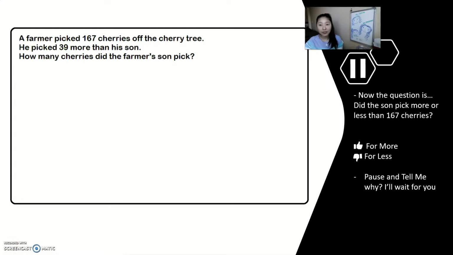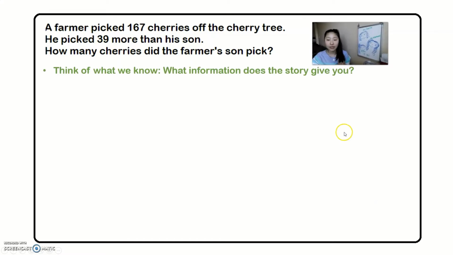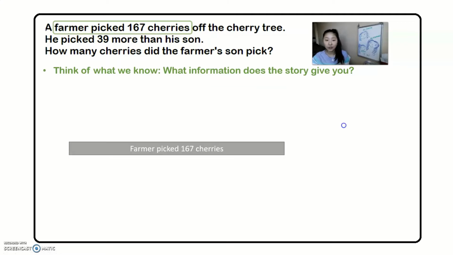Okay, I love your explanation, but now we need to go through a couple different things before I send you off to solve. Think of the information you know. First information we knew was a farmer picked 167 cherries. So I'm going to draw that down there for you. The farmer picked 167 cherries. The next part of information we know is he picked 39 more than his son. But how do we draw that?